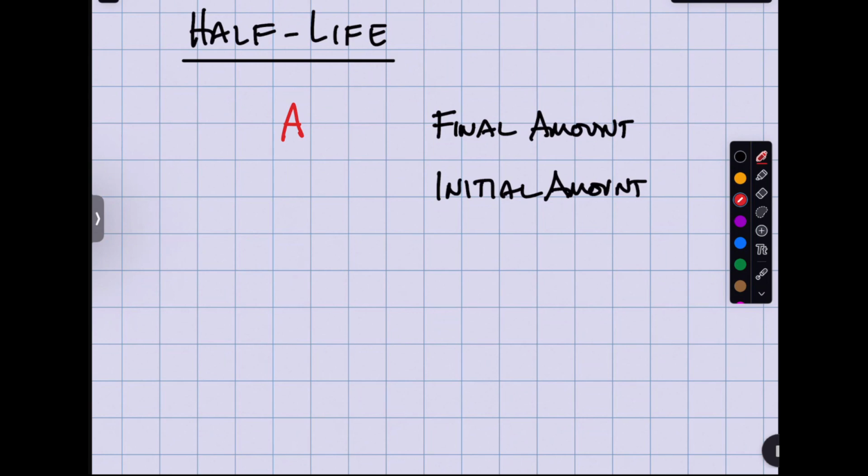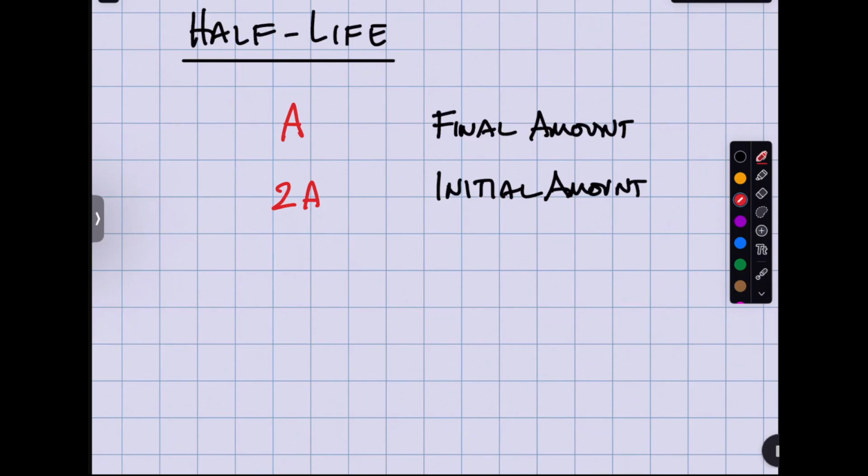If the final amount is A, what would the initial amount be? Wouldn't we double the amount? Does that make sense? If I start with 2A, in a given time, half of it will be gone, so I'll have an A left.